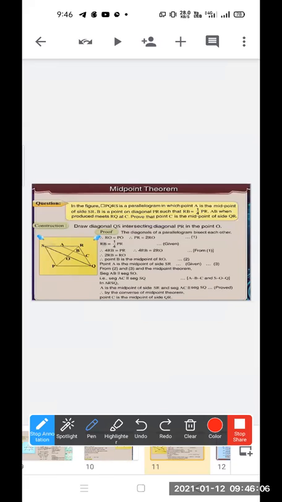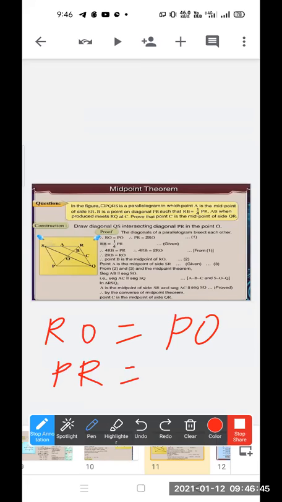It means that RO is equal to PO, because both diagonals, SQ and PR, are intersecting at point O. Therefore RO is equal to PO. Now PR can be written as twice of RO.